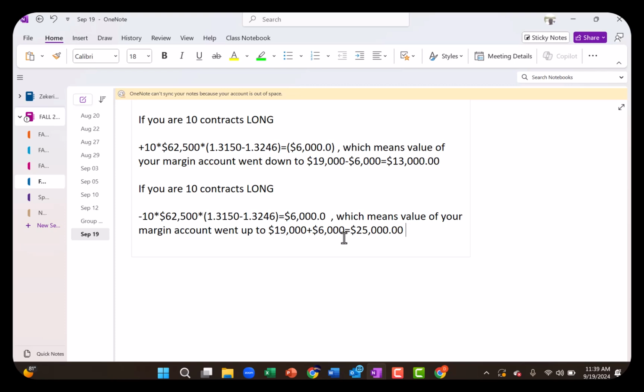That's typically a good idea because they pay you only Fed funds rate on the margin account, which may be a rate much lower than you could get somewhere else for your own money.